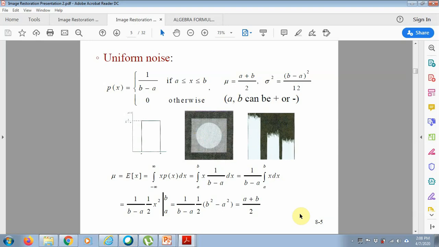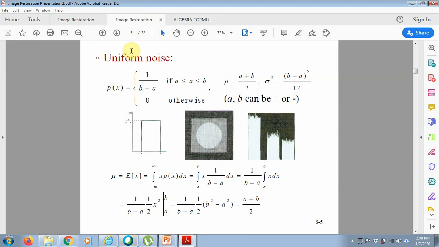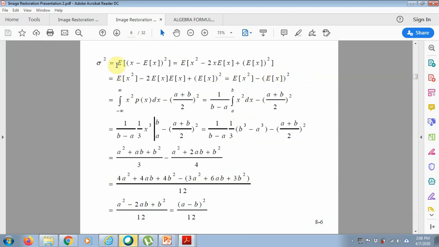And now how do we calculate the sigma? In order to get sigma square, the formula is you need to calculate the expected value of the difference, (x minus E[x]) the whole bracket square. Now you know the formula for (a minus b) square: a square minus 2ab plus b square.